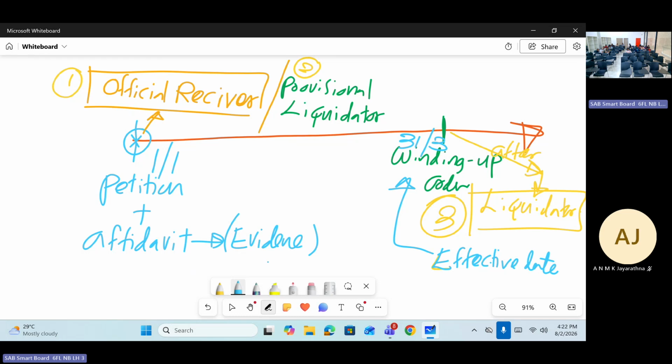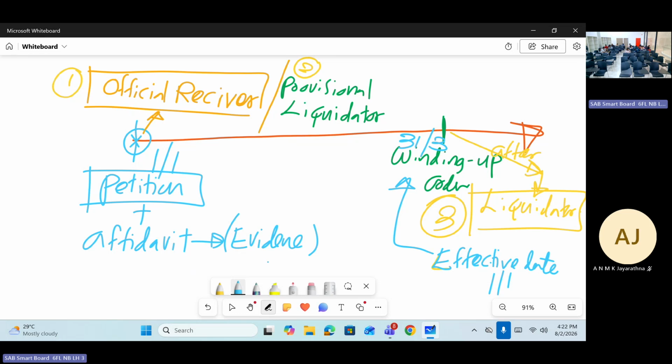Remember, the effective date of winding up order is the date on which the petition is filed, that is 1st of January. The winding up order is valid from the beginning, from the date the petition is filed. Therefore, the effective date is 1st of January. It is very important.